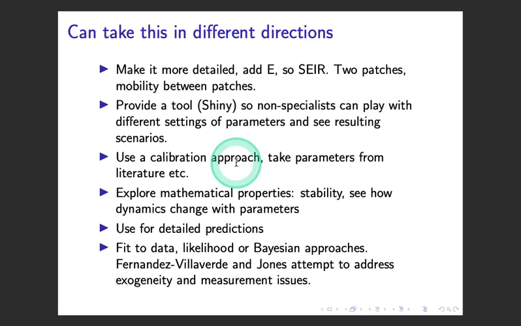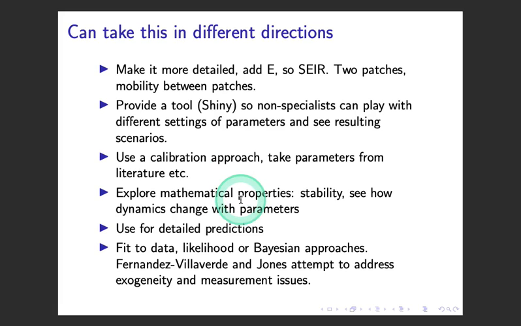Now one thing one can do is to use a calibration approach, take parameters. So in the early days of the coronavirus, this paper on Indonesia, for example, used a calibration approach. So you take parameters from previous experiences. So you kind of say, okay, a good guess for the parameter is this.